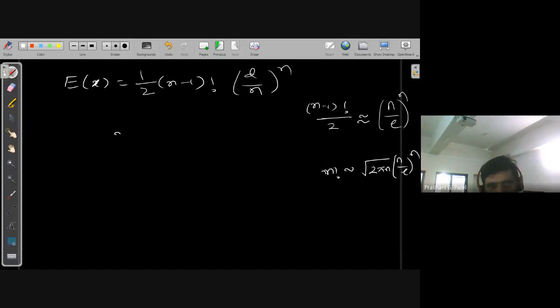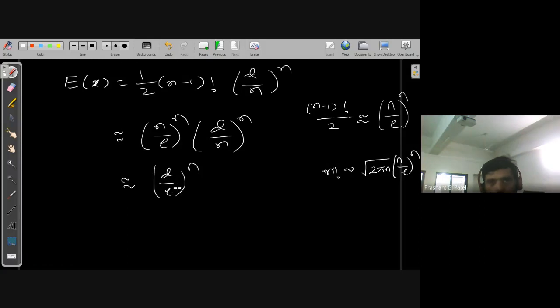And so by using this Stirling approximation, we'll write this one as (n by e) power n, times (d by n) power n. And this will give me (d by e) power n, because n power n will get cancelled out. Now this is a geometric sequence, that is r power n, or I say x power n.